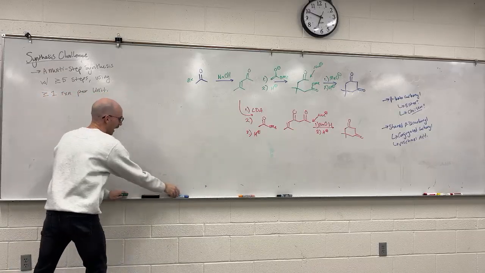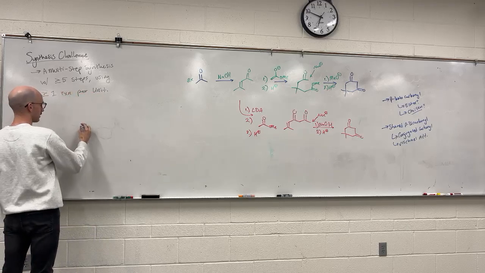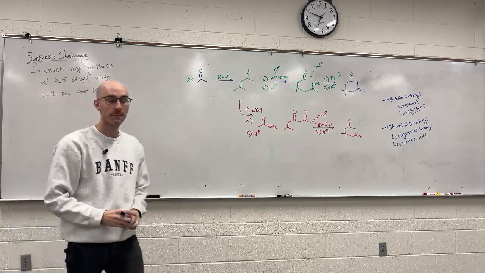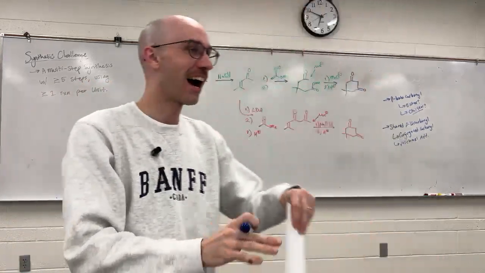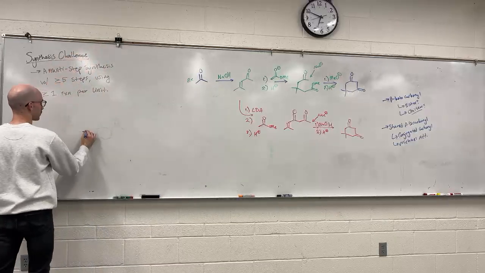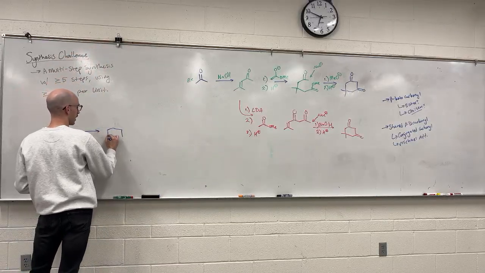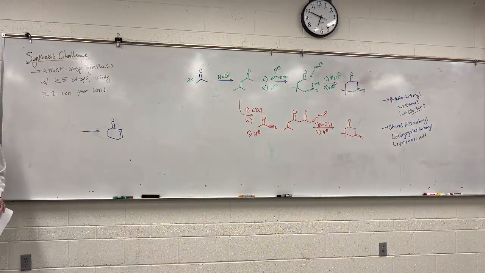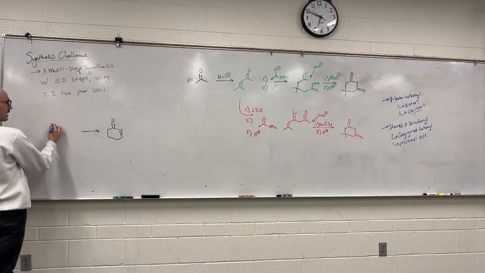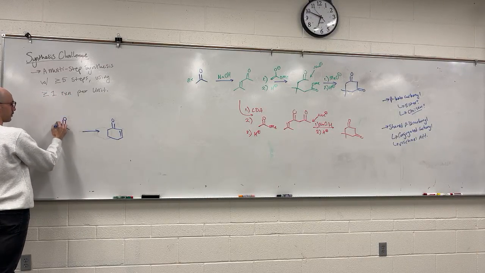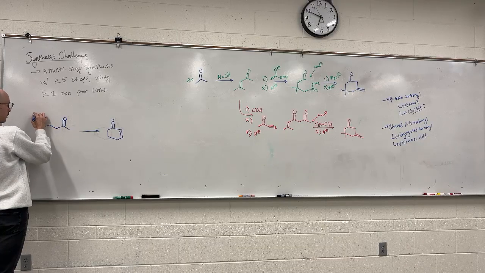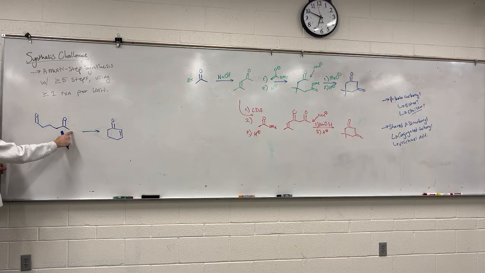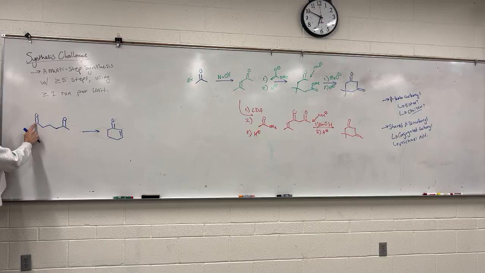Okay, the second one I recommend doing in this way. What functional group do you see formed there in the first step? A conjugated carbonyl, aldol condensation. So I recommend doing an intramolecular aldol condensation. 1 attacks 2, 3, 4, 5, 6.